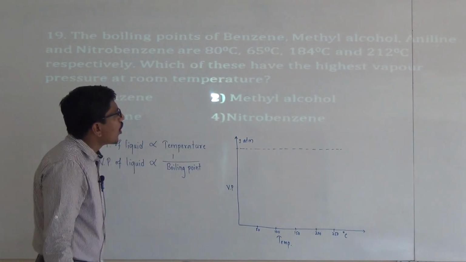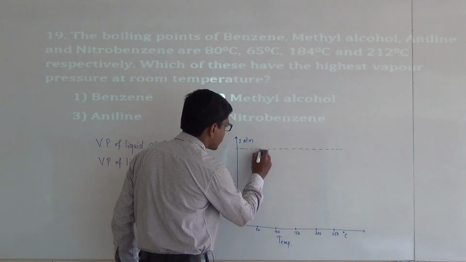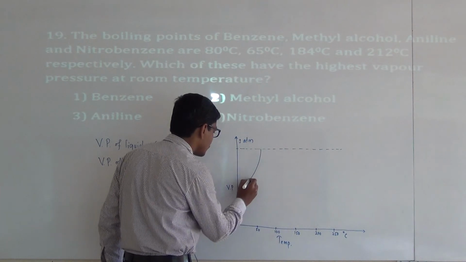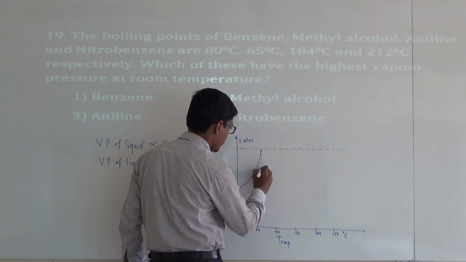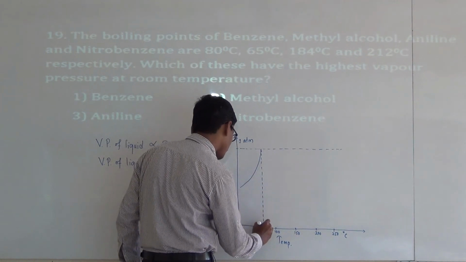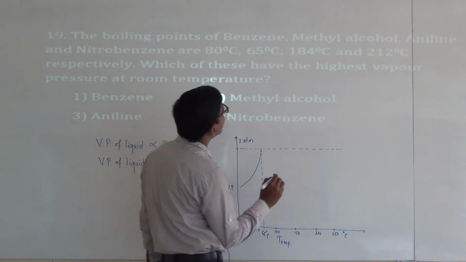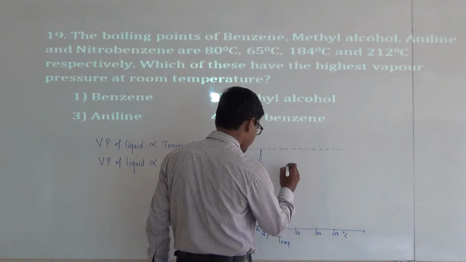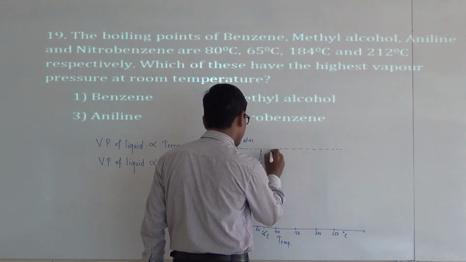The boiling point of methyl alcohol is 65 degrees Celsius. The boiling point of benzene is 80 degrees Celsius.